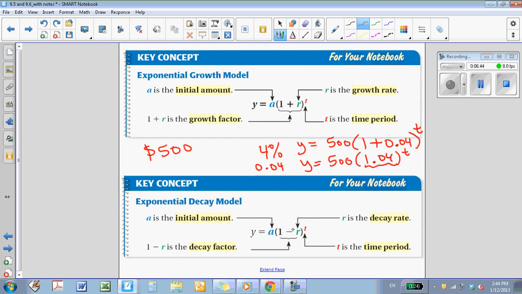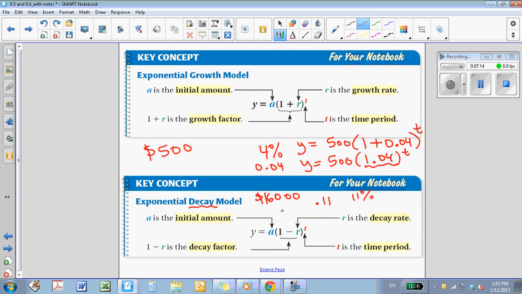The only difference for decay is that instead of plus, it's a minus, because now we are reducing the amount. So this was our car depreciation. The starting value was $16,000, and the car lost 11% each year. So this would be the decay rate, and it would really be 0.11 because that's what it is for percent.